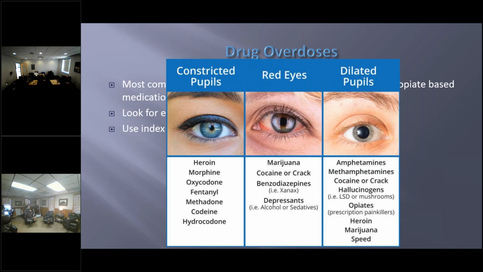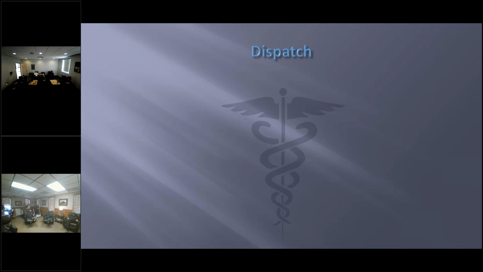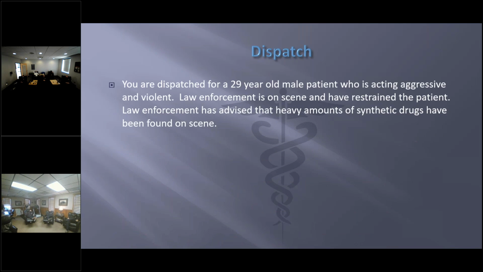Generally our downers, our narcotics, our opioids, are going to have constricted and/or pinpoint pupils. Our uppers, such as ecstasy, cocaine, speed, are going to have dilated pupils. Red eyes are often marked by marijuana, and then benzodiazepines and depressants.